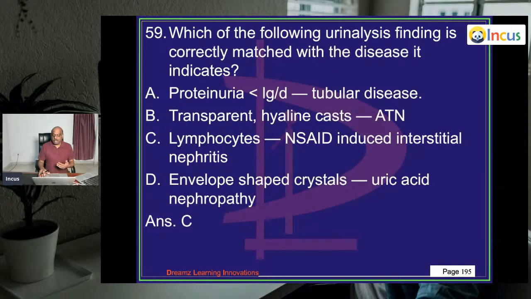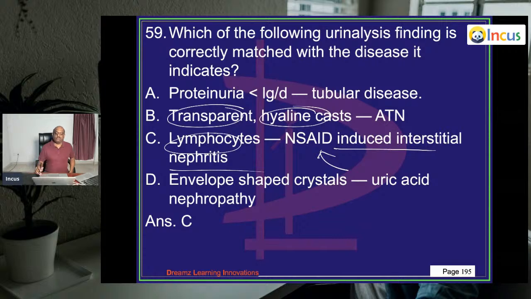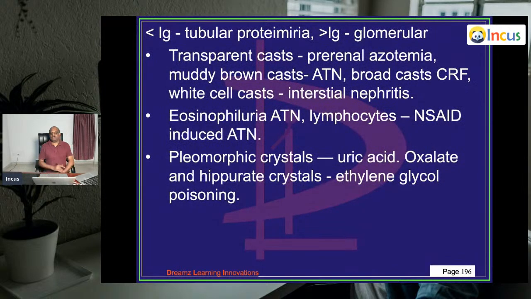Now, if you look at the urine analysis, transparent hyaline casts are generally very benign and common. Lymphocytes: NSAID-induced interstitial nephritis, you find lymphocytes.